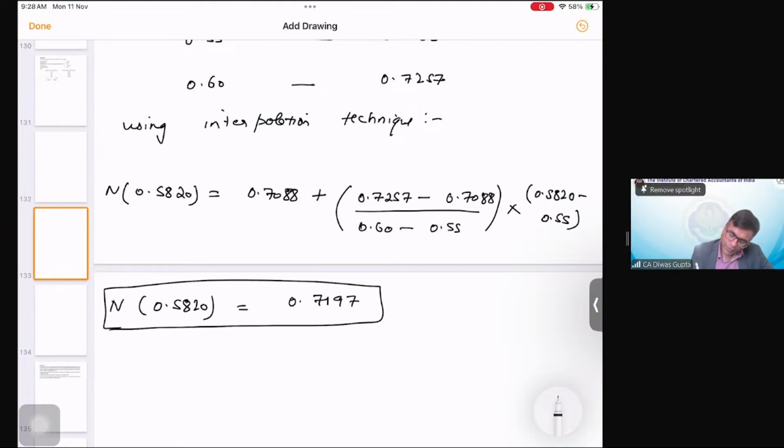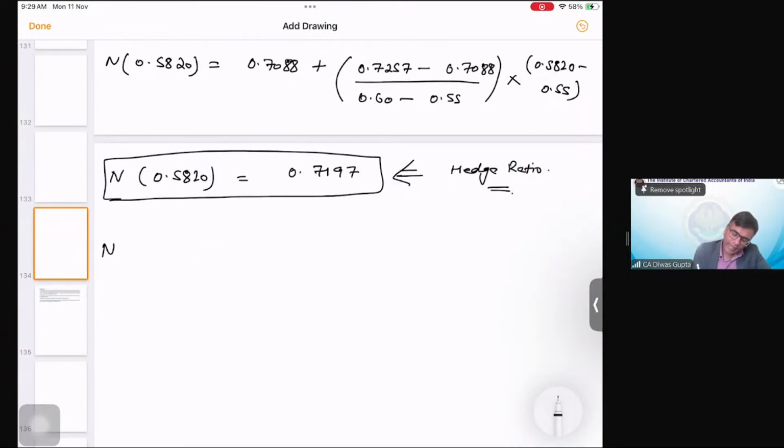So what exactly is this, students? This is the hedge ratio. ND1 is the hedge ratio, right? So for every one option, 0.7197 share needs to be purchased. Clear? I hope this is clear, students.